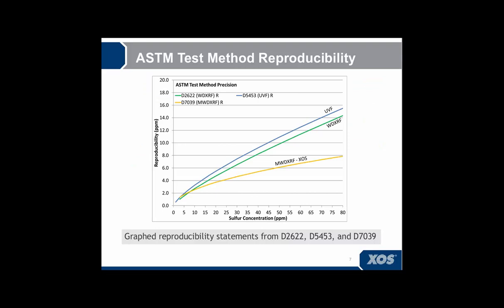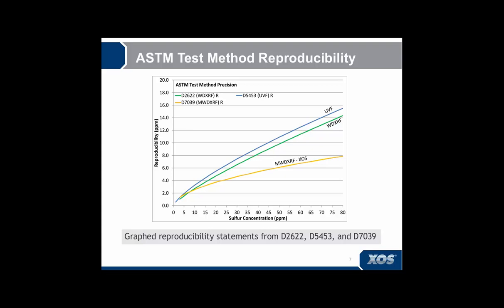Here we have a graph of ASTM test method reproducibility for 3 commonly used sulfur methods. There's D2622, which is a wavelength dispersive in green. D5453, which is a UVF method, is in blue. And D7039, which is monochromatic wavelength dispersive, that's in orange.